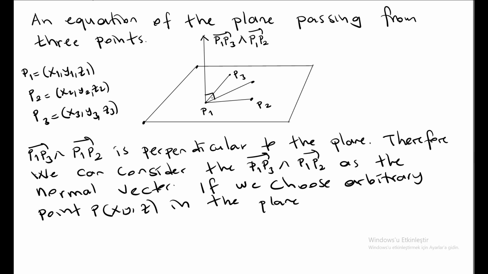So then we have P1P3 cross product P1P2, dotted with P1P, will be 0. So this is P = (x, y, z).